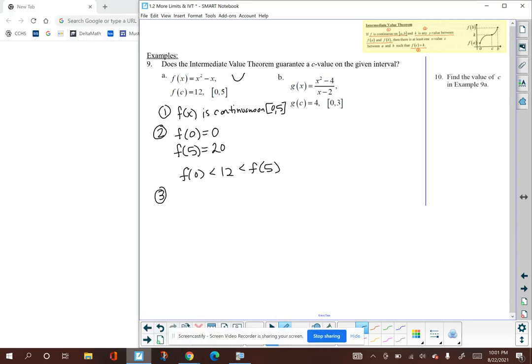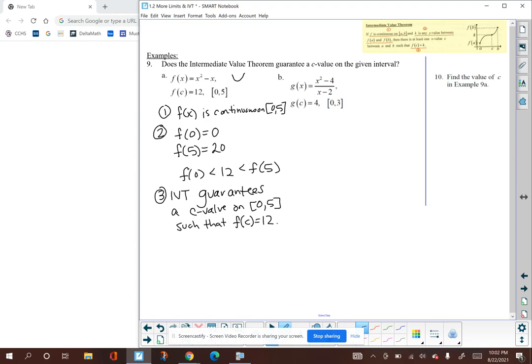For the conclusion, we would just say something like, the intermediate value theorem guarantees a c value on [0, 5] such that f of c is equal to 12.